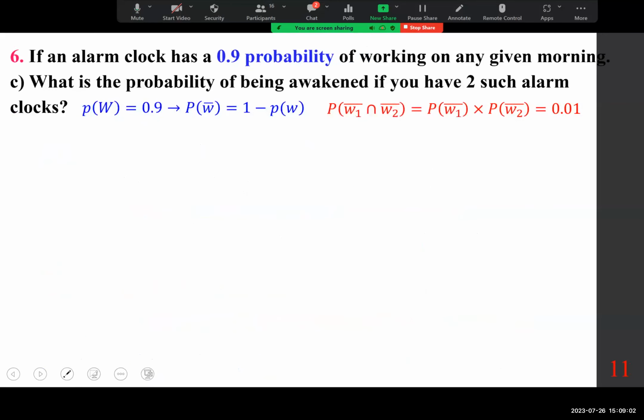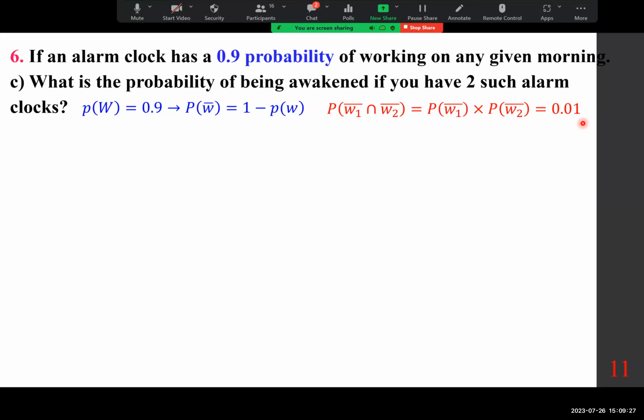I'm going to repeat the same question, but part C, what is the probability of being awakened if you have two such alarm clocks? So basically, from the previous page, we have probability of working at 0.9, not working at 0.1, and two of them failed is 0.01. That comes from the previous page.